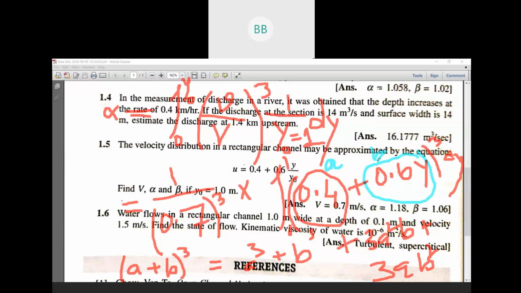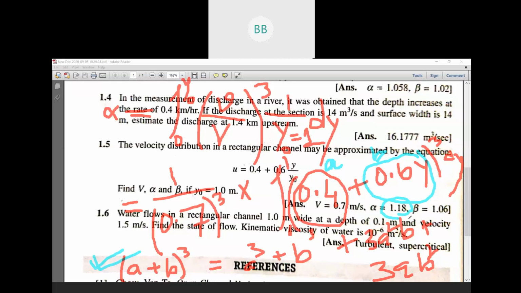Then you substitute in this equation. After that you have to integrate separately, and see whether your alpha is 1.18 or not.